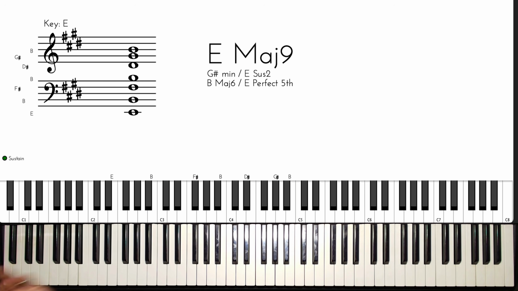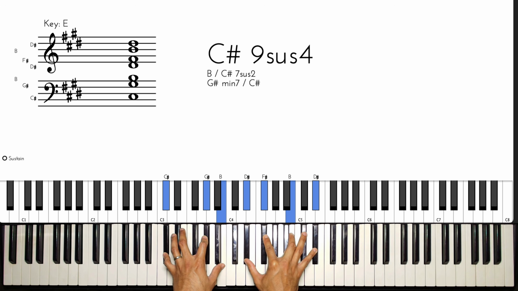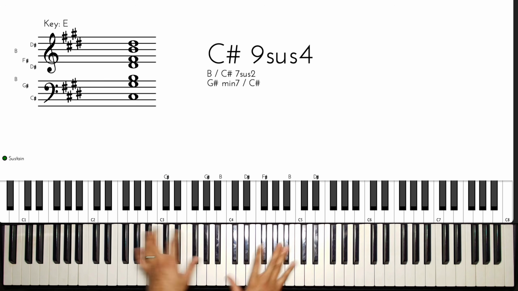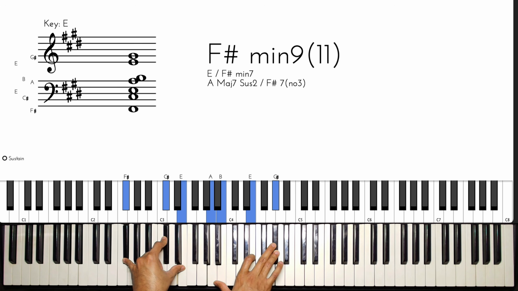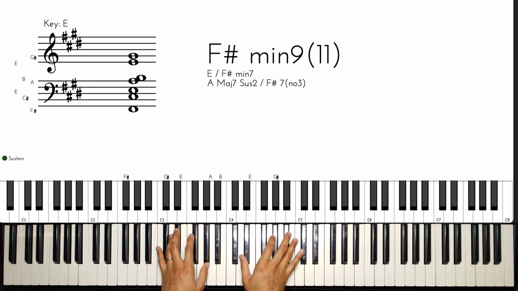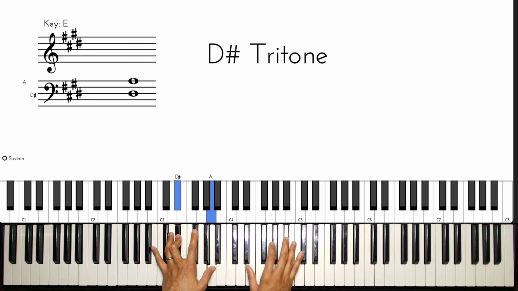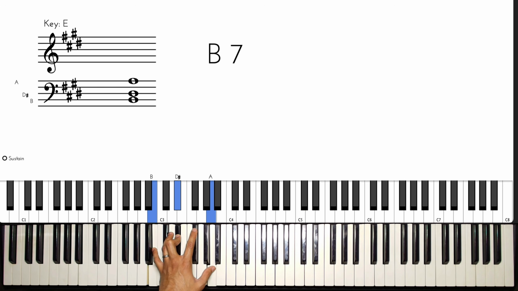Now, what voicings are we using, right? We started with a simple A major 7, then a C sharp 9 sus 4, then this chord again, F sharp minor 11. Now here for the 5, one of my favorite voicings for the 5, sort of a tritone in the left hand, which comes from a B7, right?